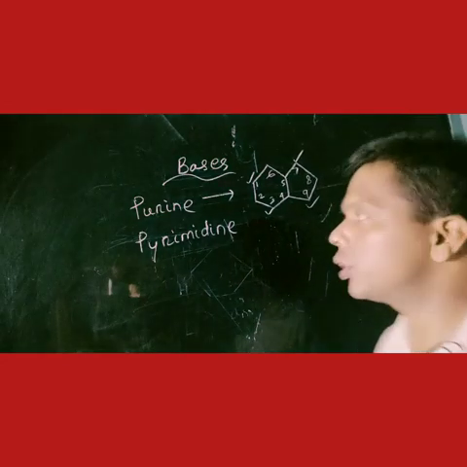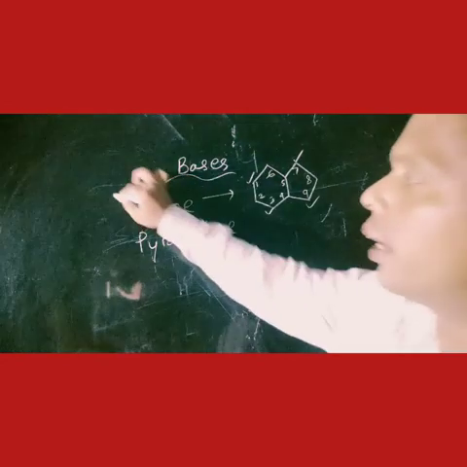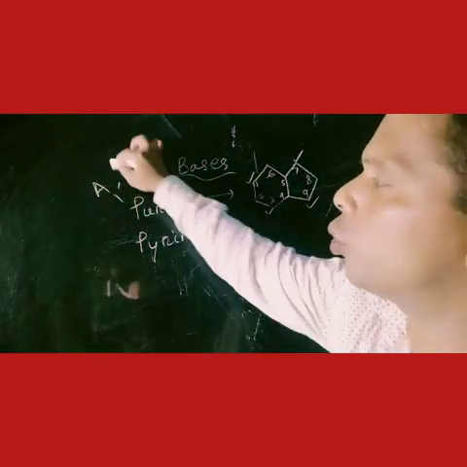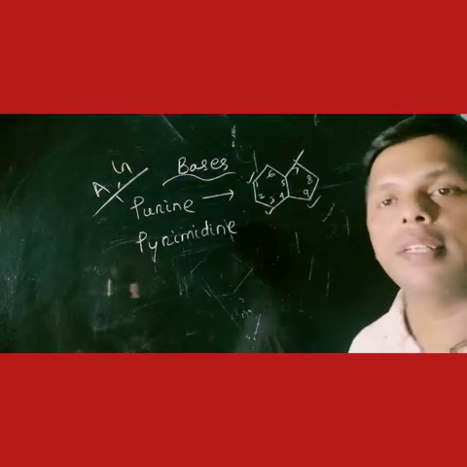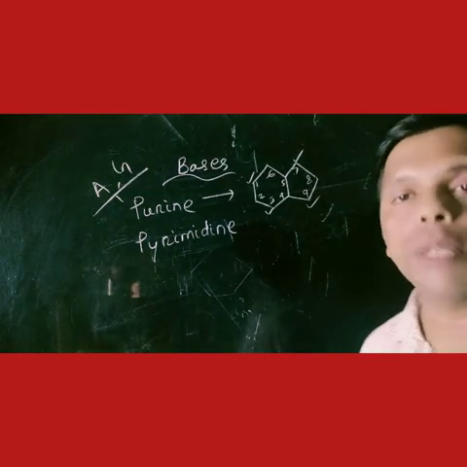The purines consist of adenine and guanine. Then come to the pyrimidine bases.